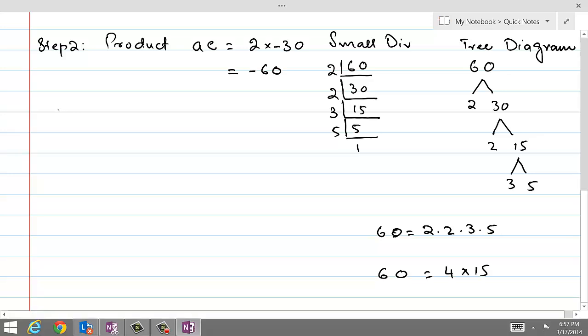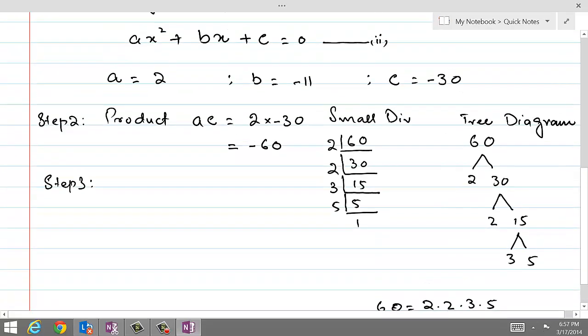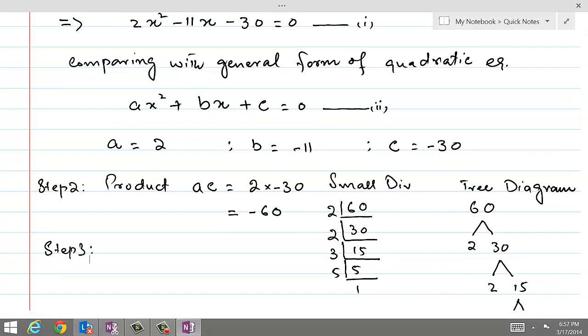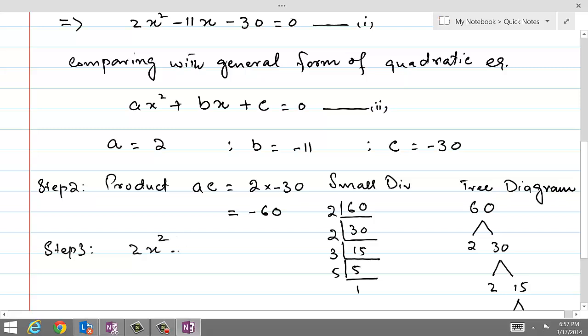Once we are done with this, step 3 will be rewriting the same equation which we have, and that is 2x square minus 11x minus 30 equal to 0.